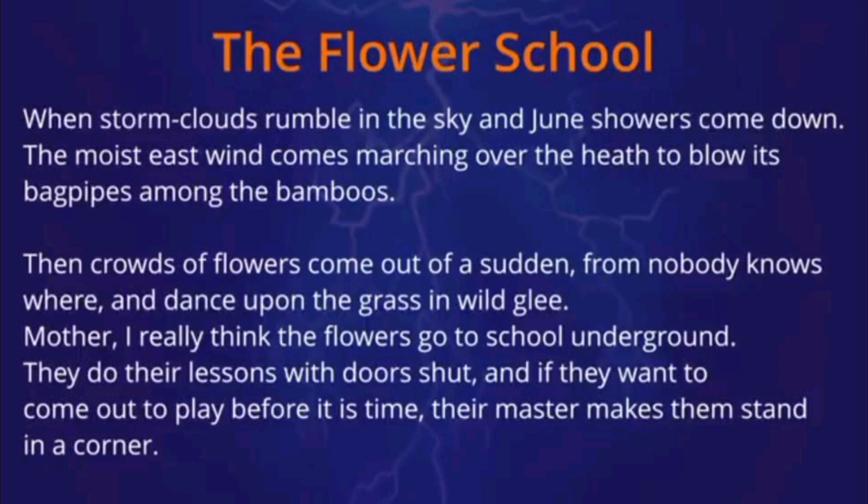So here the poet says that in the rainy season the flowers blossom out of nowhere and start dancing joyously. So here the poet relates it like the flowers come out of a sudden and start dancing upon the grass in happiness. Glee means happiness.